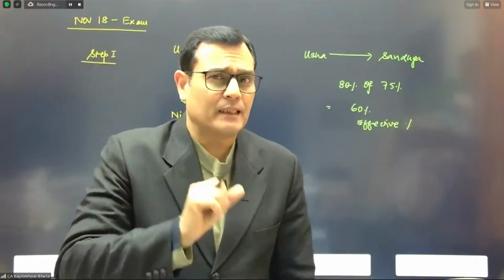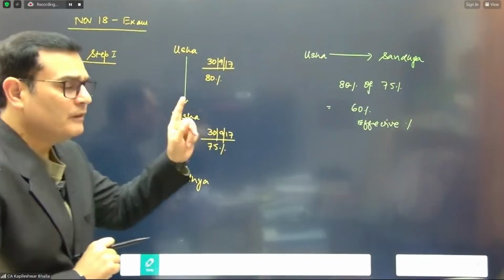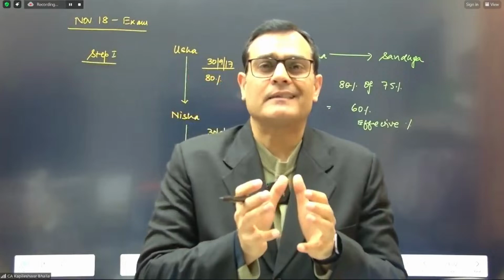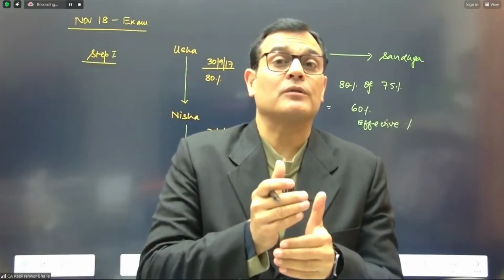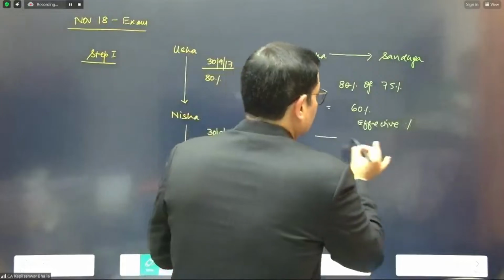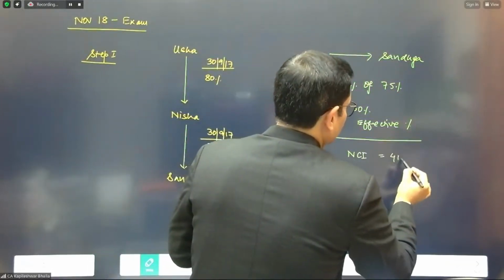On a very apparent level, it seems that the NCI in this company is 25%, but it is not technically 25%, because you decide the status of the NCI based on the effective percentage. So if he's got 60% effectively, that means the NCI has got 40%.